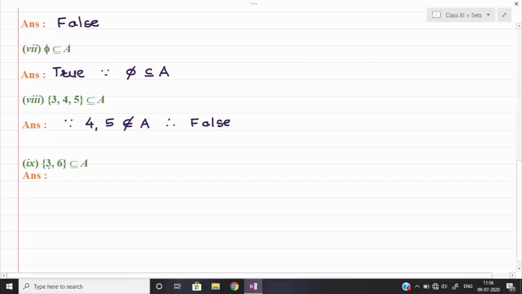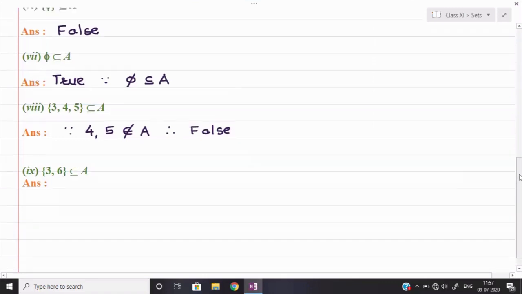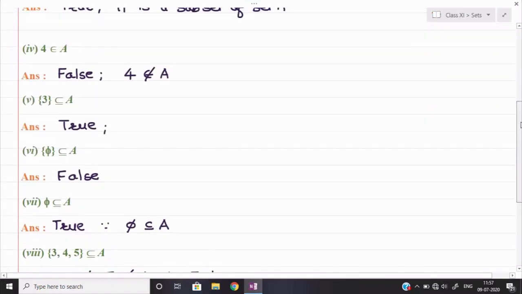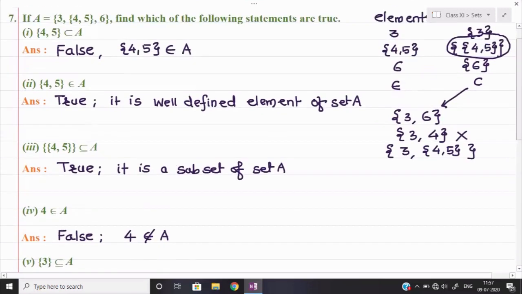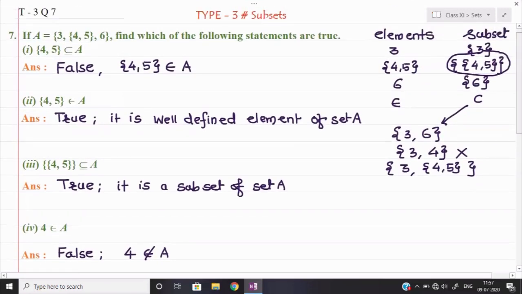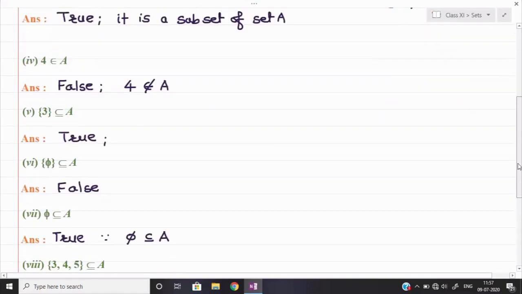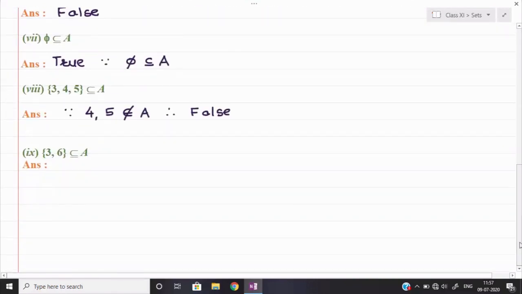And the last one, {3, 6}. We can check: 3 and 6 are two separate elements of the given set. Yes, 3 is given as one element and 6 is also given as another element. So when we take 3 and 6 together, they can form a subset because they are two different elements. When two elements are written in the curly bracket, they will be a subset of the given set.